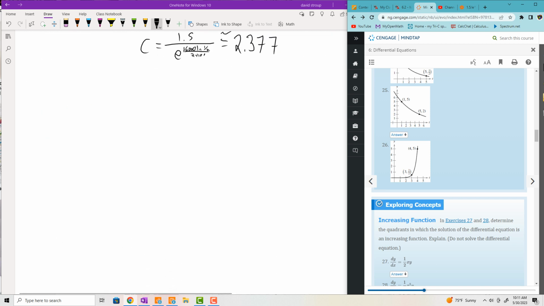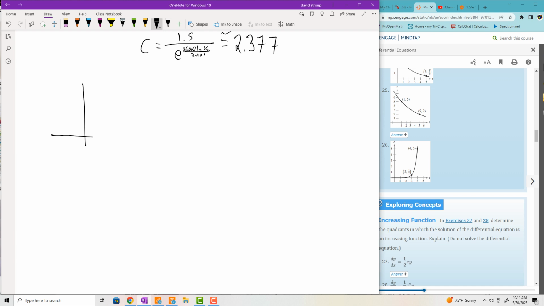Just by the way, exponential decay is going to happen usually when that constant y equals c e to the kt, when k is less than 0, you'll have decay. All right? And then when k is greater than 0, you'll have exponential growth, and it'll look like that.